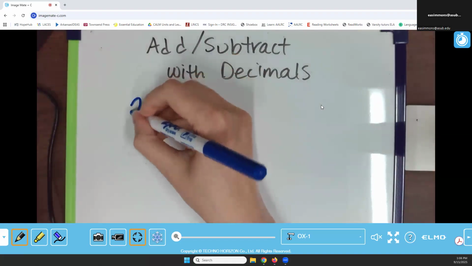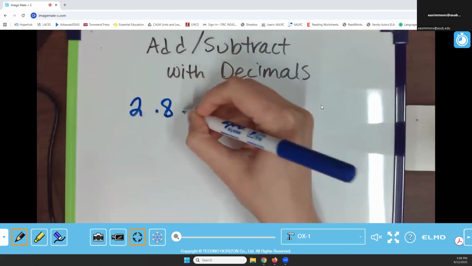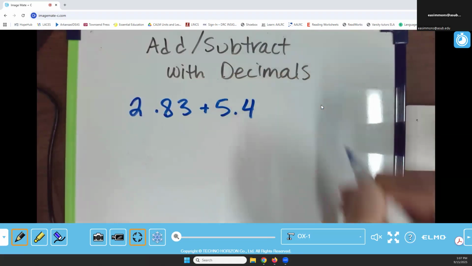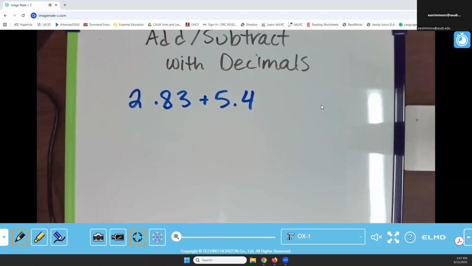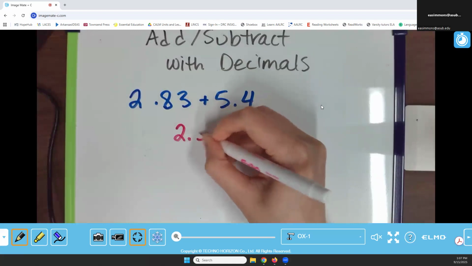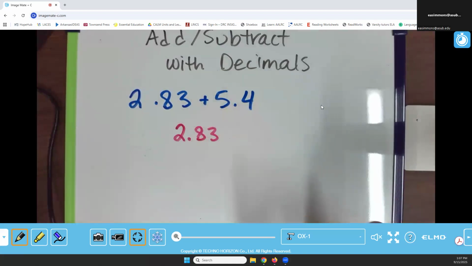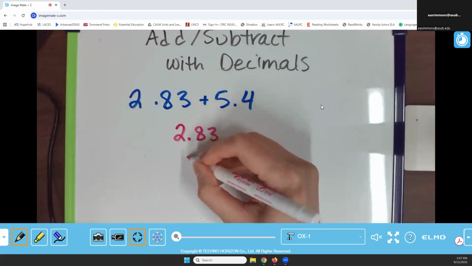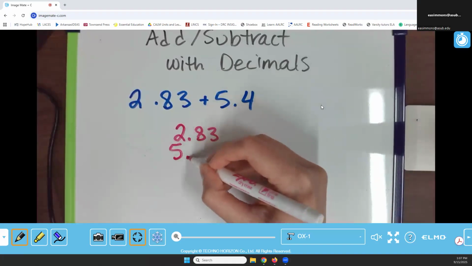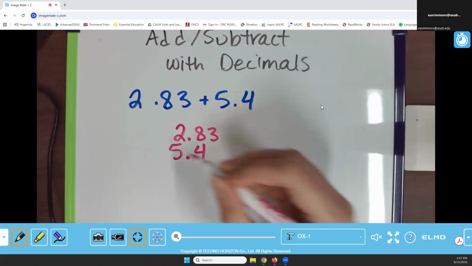If I had 2.83 plus 5.4, I'm going to want to set this up to add vertically. So I'm going to put my 2.83 down. I'm going to go ahead and line up my decimal point. And I've got 5.4.